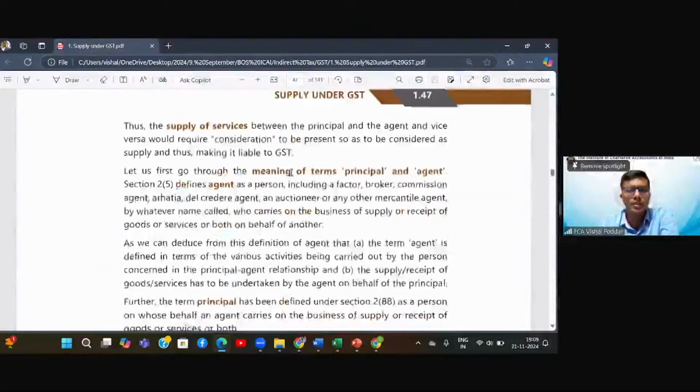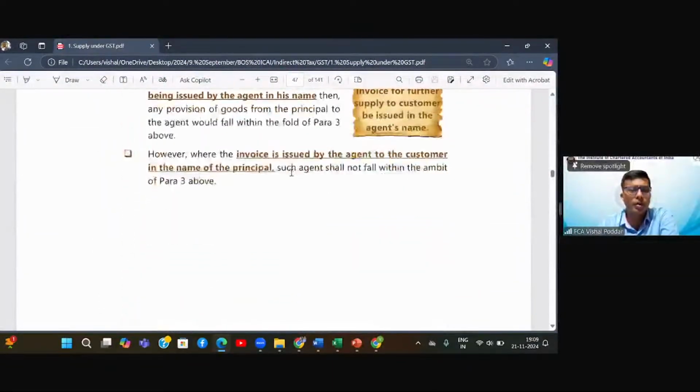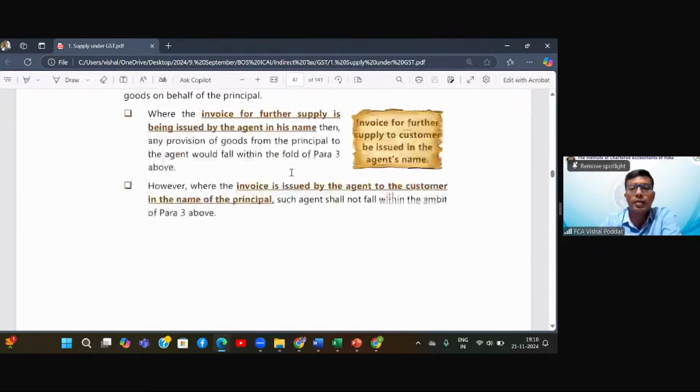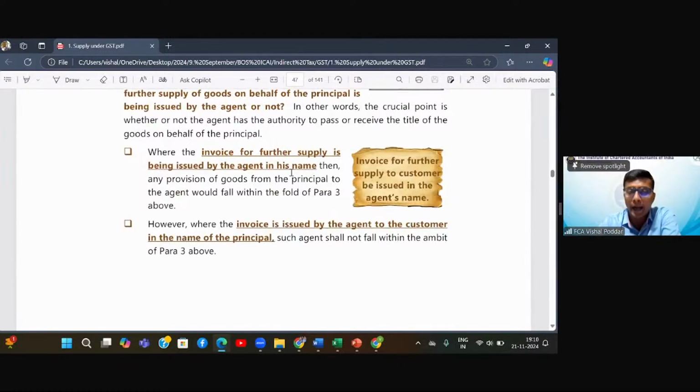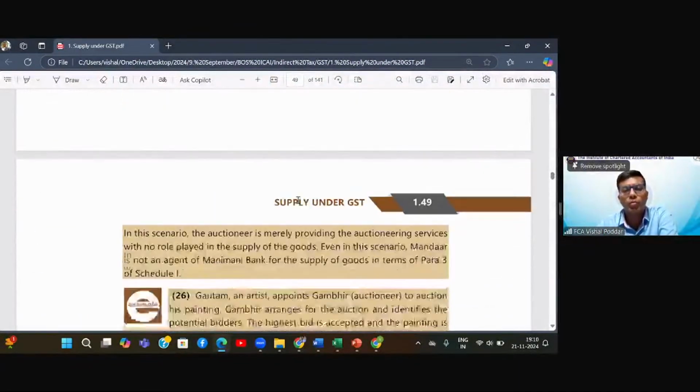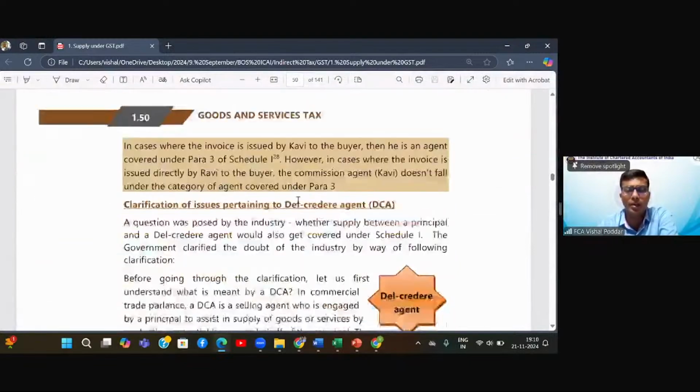Principal agent we discussed, और प्रिंसिपल एजेंट के बारे में इफ यू रिमेंबर वी डिस्कस्ड दिस पॉइंट आल्सो रिगार्डिंग दी पॉइंट कि शेड्यूल 1 में कब आएगा प्रिंसिपल एजेंट वाला डीम्ड सप्लाई, वेयर द गुड्स आर सप्लाइड बाय द प्रिंसिपल टू एजेंट एंड द एजेंट इज गोइंग टू सप्लाई द गुड्स फर्दर इन हिज नेम। तो मैं जो गुड्स एजेंट को भेज रहा हूं वो एजेंट आगे अपने नाम से बेचने वाला है, then only it is falling in schedule 1. So जब मैं एजेंट को गुड्स भेजूंगा under schedule 1, it is deemed to be a supply. This is clarified. We discussed this last time also.